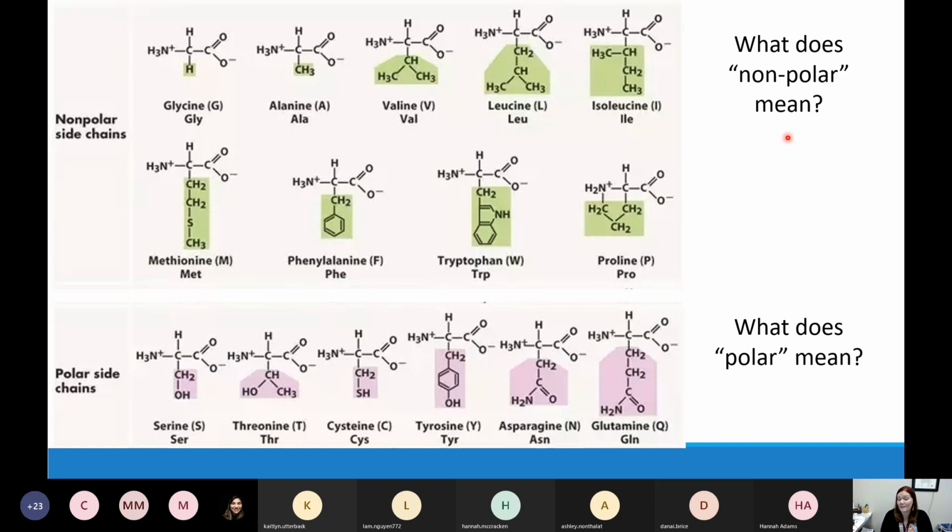But some of my amino acids are actually polar. When we talk about things being polar, now it's all the opposite of what we said for non-polar. So if I'm polar, do I play nice with water?